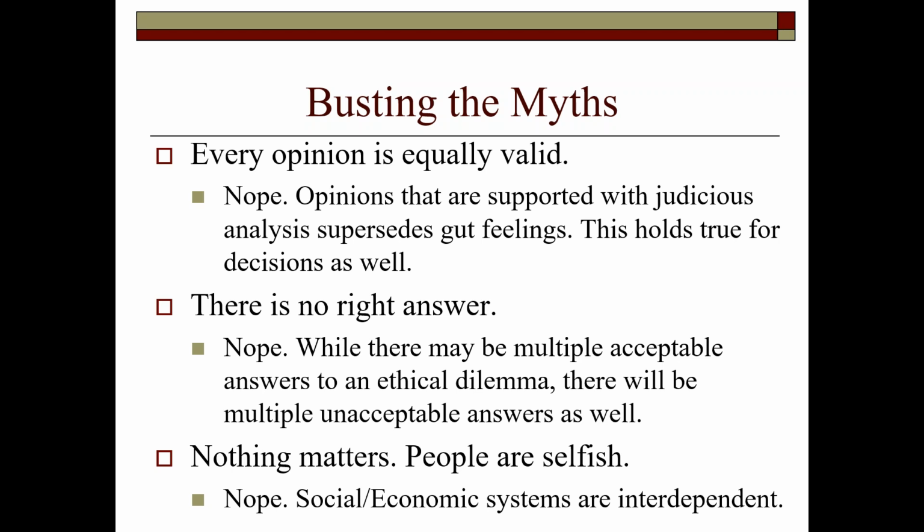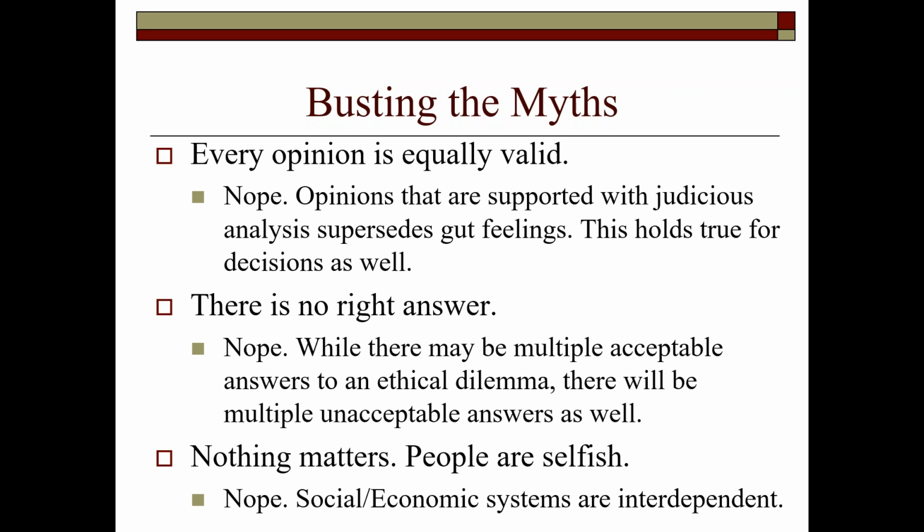People are inherently selfish, and they will make decisions based on their self-interest. And our authors say, nope, that's not true either. Our very existence, our social systems that we live in, the economic system that we all live and work in and have grown up in, are interdependent, and they rely on people acting certain ways.